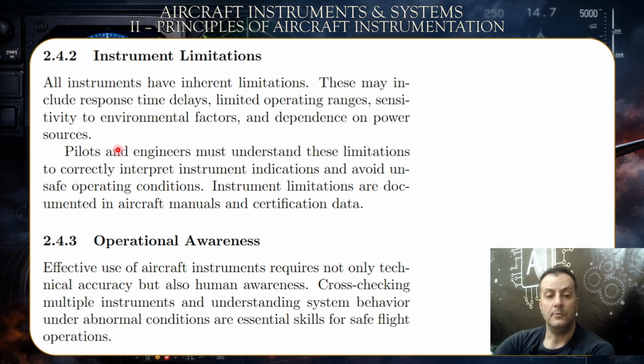Now, pilots and engineers must understand these limitations to correctly interpret instrument indications and avoid unsafe operating conditions, meaning making decisions based on false premises. Instrument limitations are documented in aircraft manuals and certification data, so that you can follow these guidelines to try to understand and interpret a problem when it doesn't make any sense.